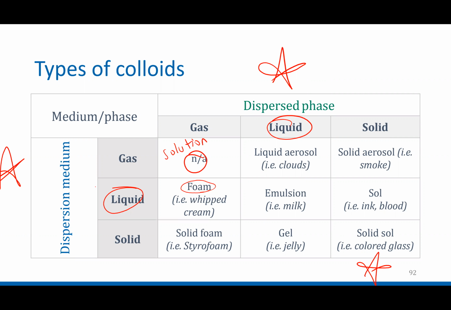Remember, the definition of a solution is a homogeneous substance. So if you take two liquids that are immiscible, like oil and water, they separate. But if you can mix them together in some way so that all of the oil is dispersed in the water or vinegar or milk, it would be called an emulsion.